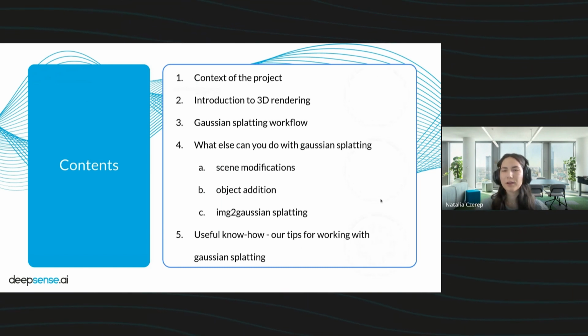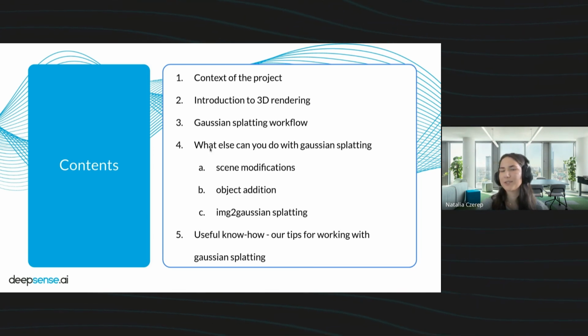Let me quickly run through the plan of the talk. First, we will provide some context on how the research even started. Then I will say a little bit about the history of 3D renders, and then we will jump to how the Gaussian splatting technology works.